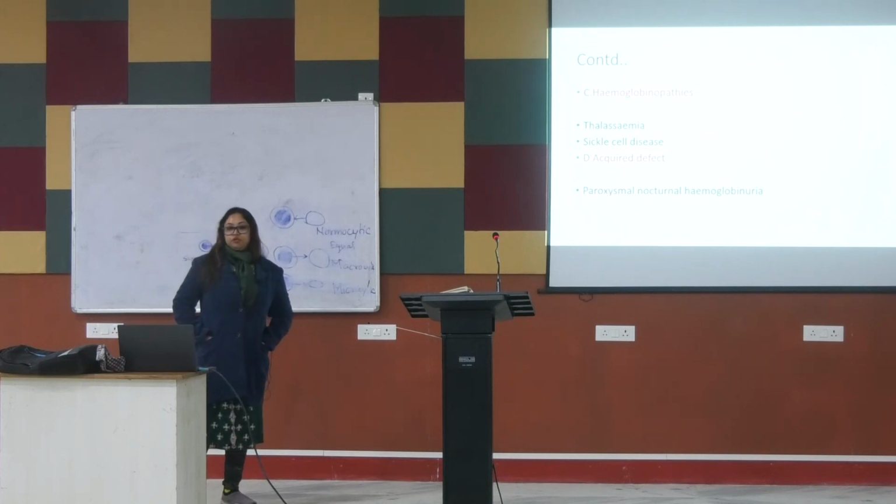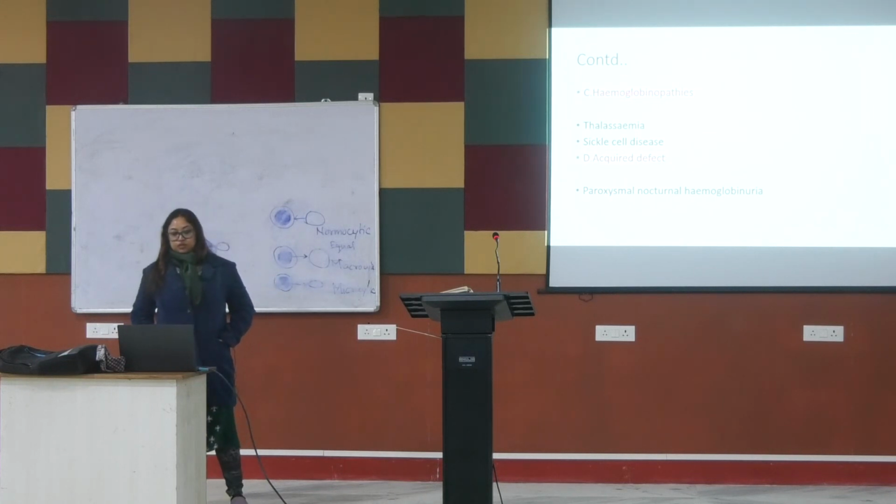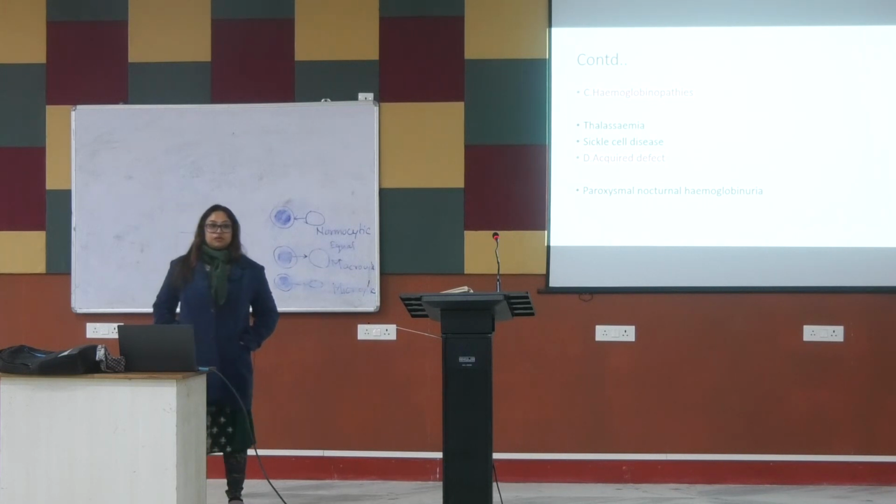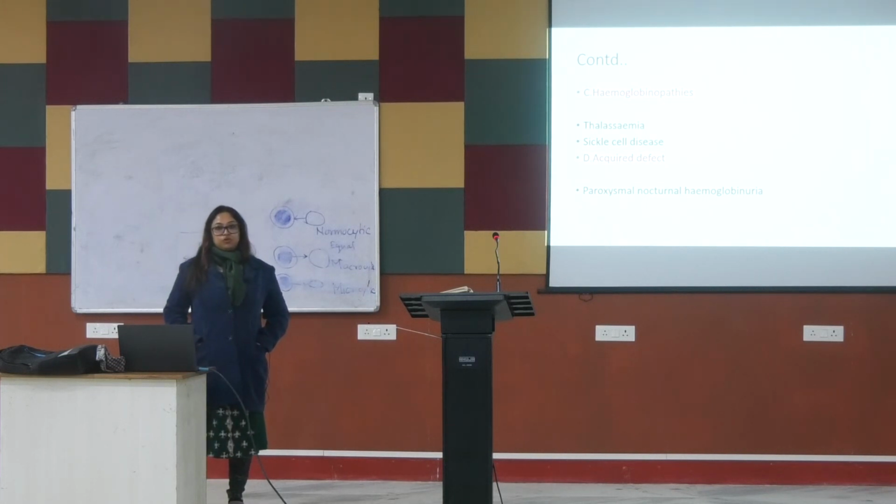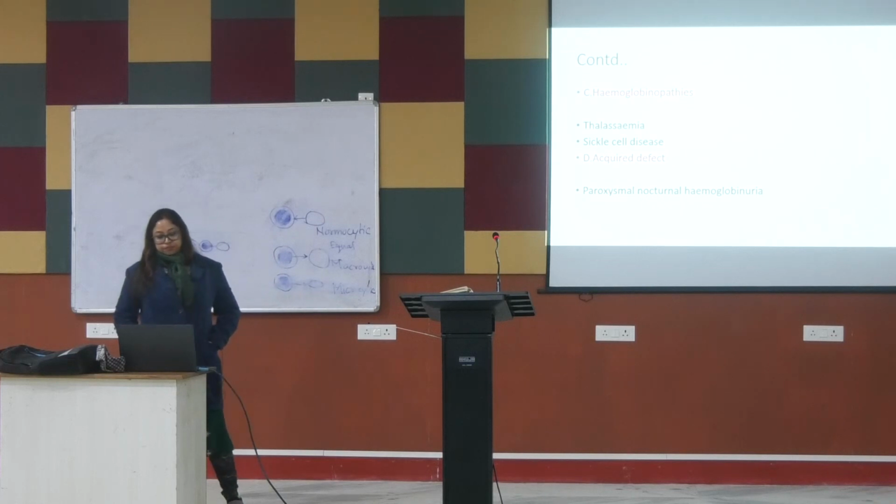Number C, hemoglobinopathies. What are these? Hemoglobinopathies are where hemoglobins are produced, but there is some defect. That is number one, thalassemia, for example. Thalassemia is very common. We all know the name thalassemia. And sickle cell disease.